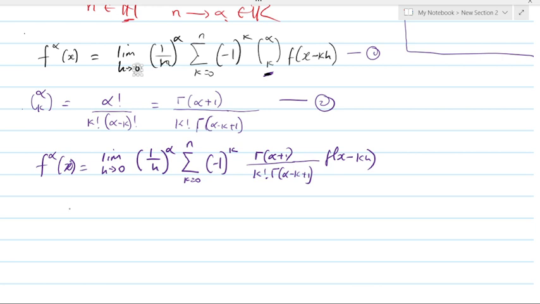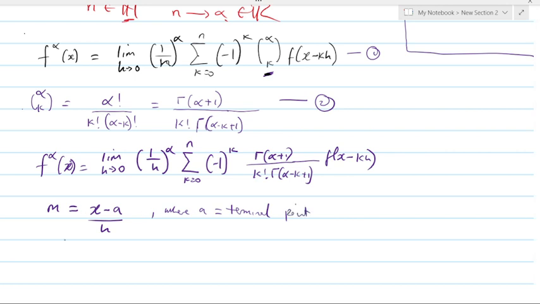so here now I want to introduce this term. Let me call it m equals x minus a over h, where a is equal to our terminal point.